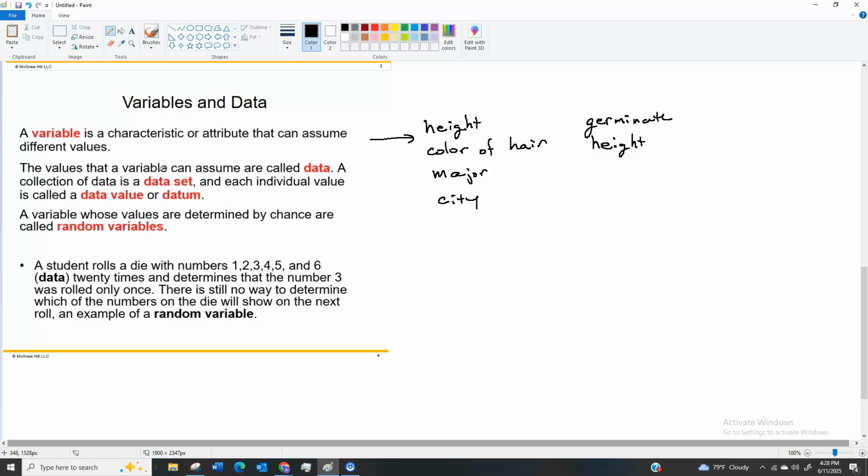So the values that a variable can assume are called data. And then a collection of data is a data set, and each individual value is called a data value or a datum. So let's go off of color of hair to kind of represent these. So when we're talking about the different values that a variable can assume, now remember, the variable is hair color.